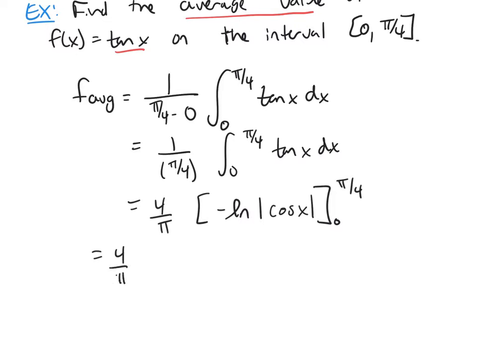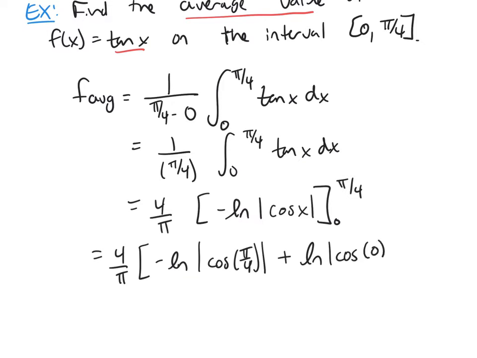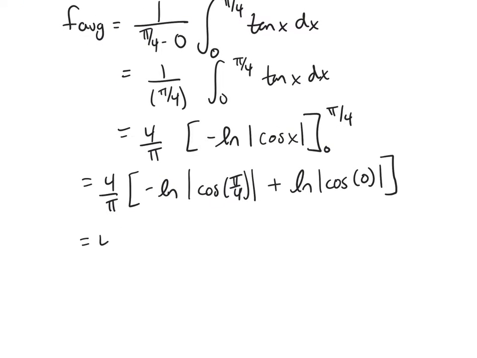So you're getting 4 over pi times negative ln of cosine of pi over 4, and those are absolute values there, minus a negative, so it'll become plus ln cosine of 0. I'm getting 4 over pi, negative ln cosine of pi over 4.